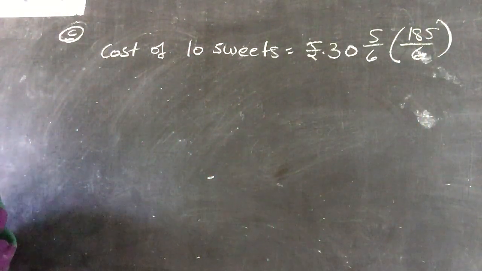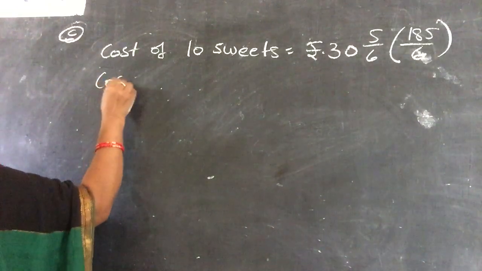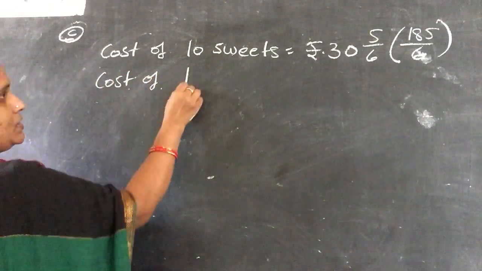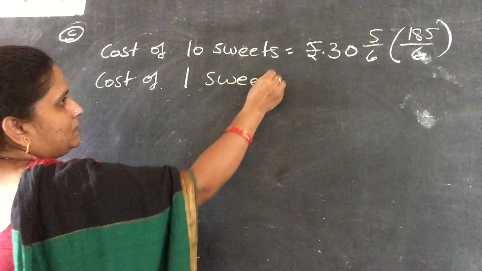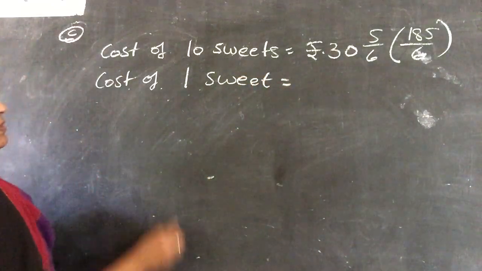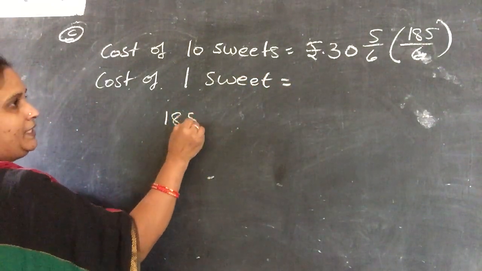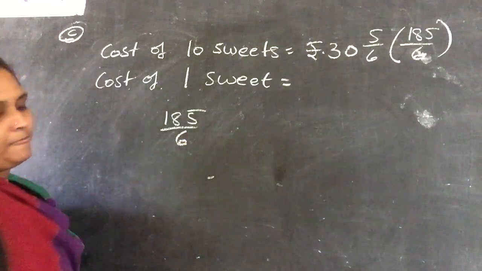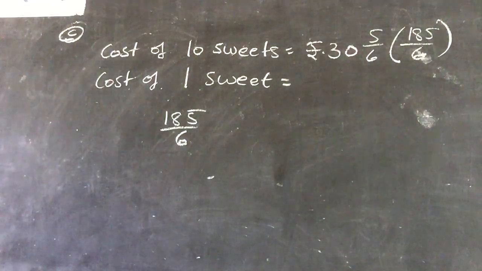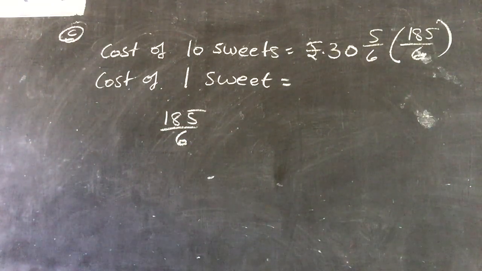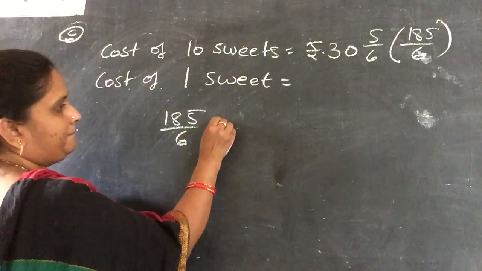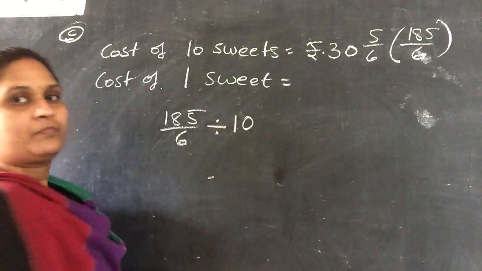Okay, now the cost of 1 sweet is equal to, what do you have to do? 185 by 6 divided by 10.